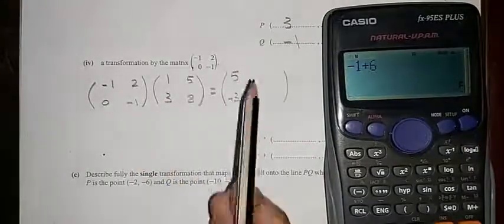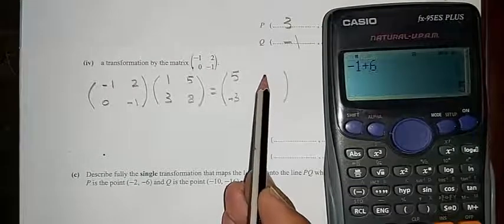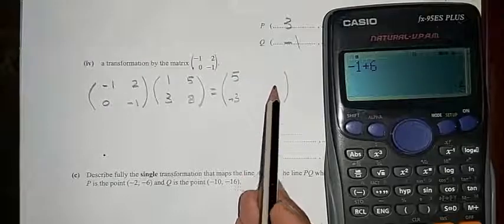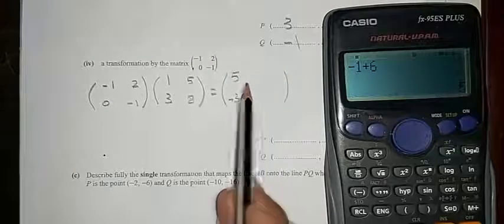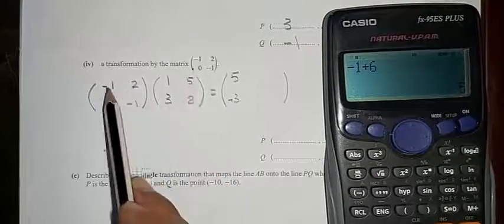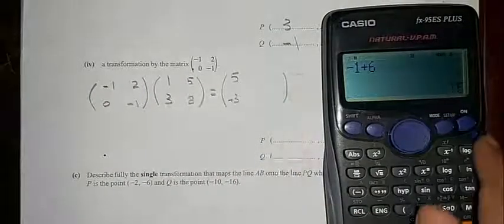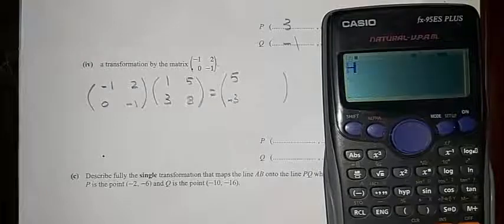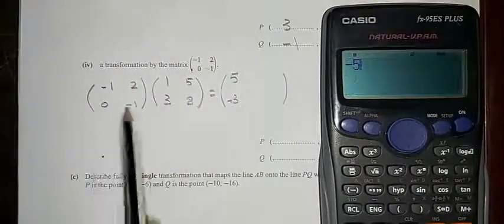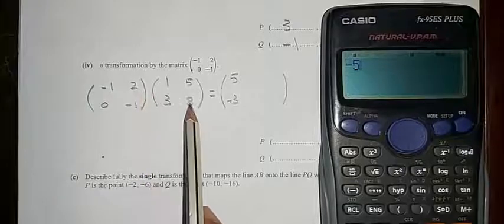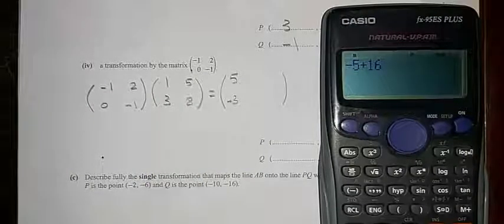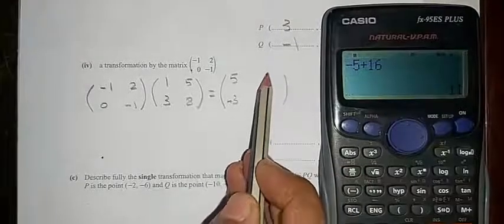Okay, this number will be found here in the first row, second column. First row multiplied by the second column. -1 times 5 is -5. Okay, then 2 times 8 is 16, so plus 16 equals 11 here.